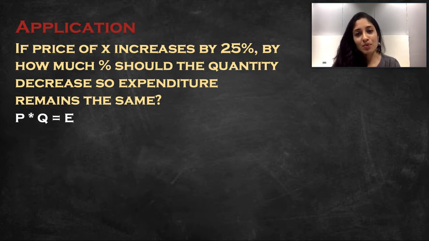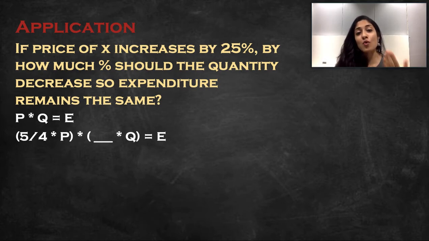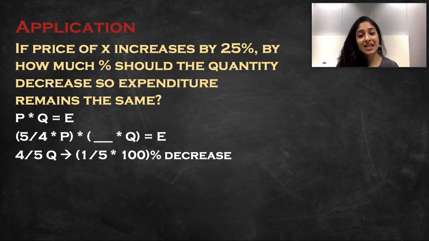Because the price has increased by 25%, which is 1/4 of a number, it has become 1 plus 1/4, which is 5/4 of the price. I don't know the multiplier of quantity, and my expense has remained the same. So if in this equation I calculate the multiplier of quantity, I will get 4/5.